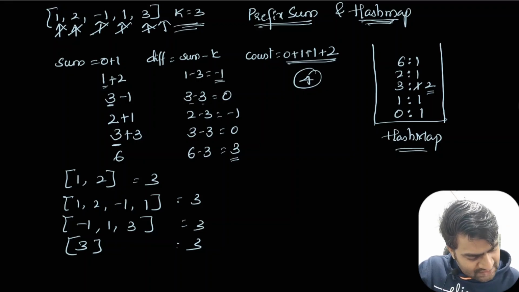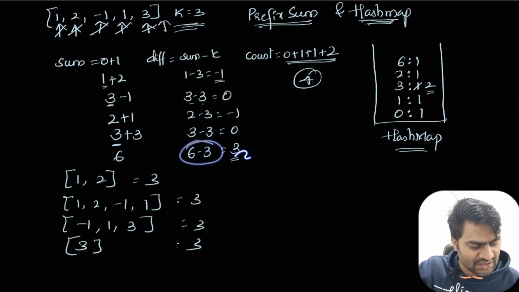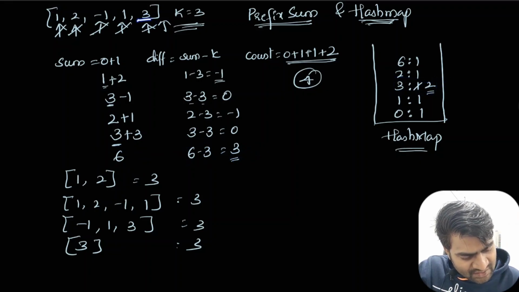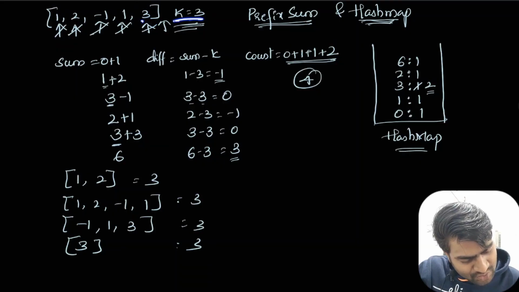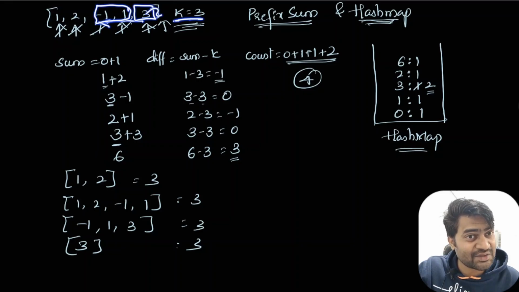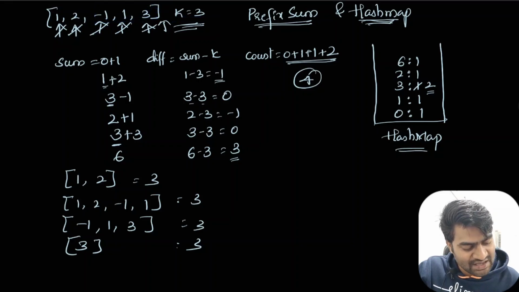Now if you observe one thing, when we were processing this particular 6, it means 6 minus 3 equal to 3, and 3 appeared twice. So this number itself will contribute to k equal to 3 alone. Now if you look backward, these two numbers, including this 3, if you sum up, will also contribute to my total count.